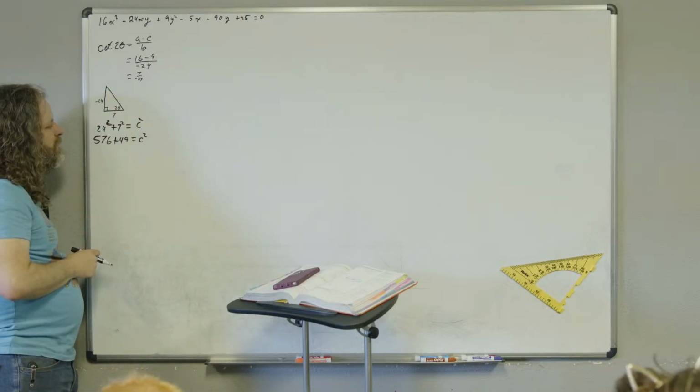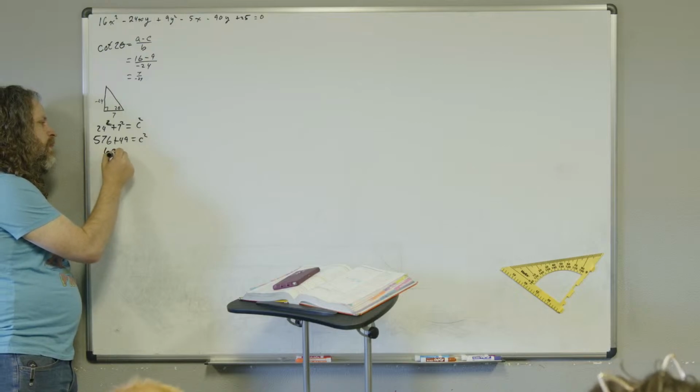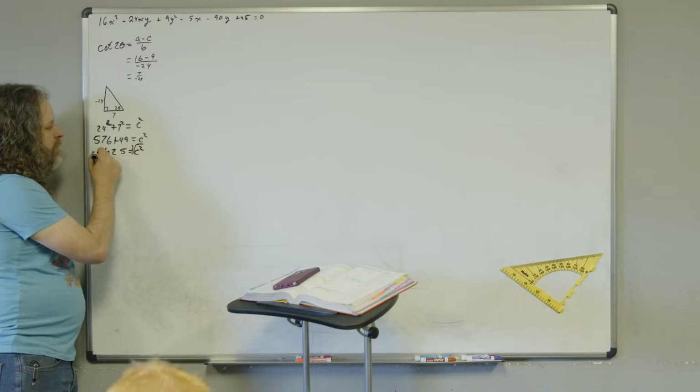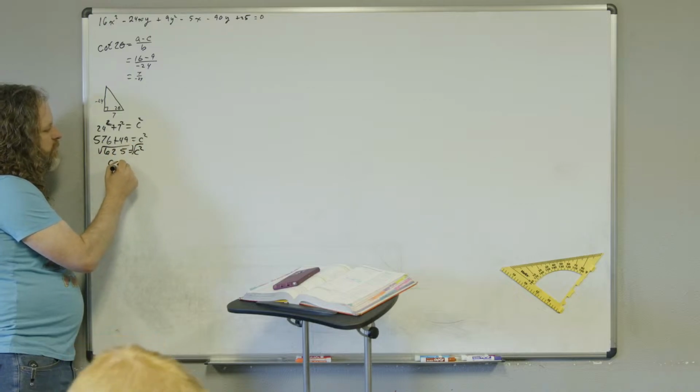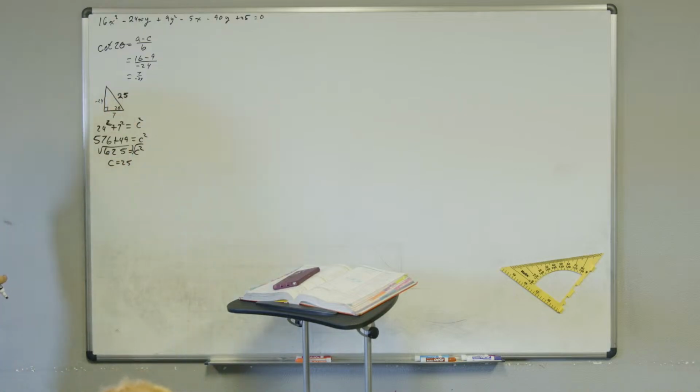What's 576 plus 49? 625, oh glorious day, that's an actual square. 25. Square root both sides, and we get C equals 25. It's almost like they planned it.